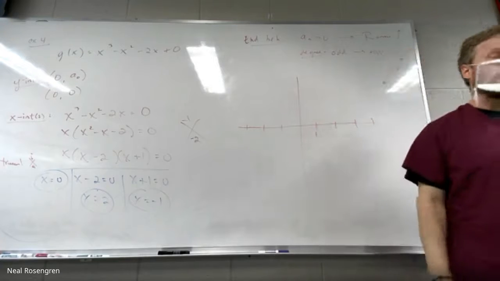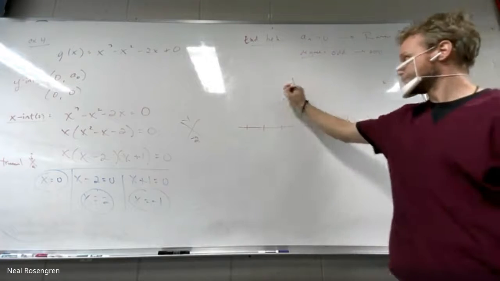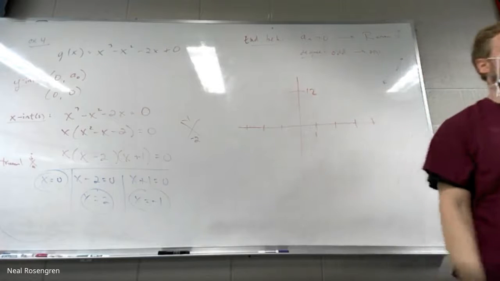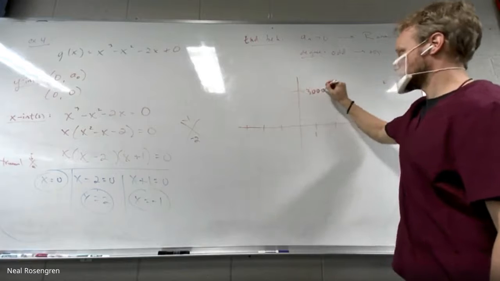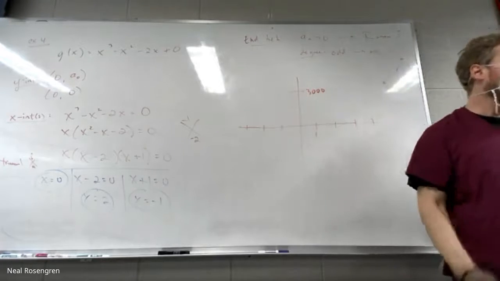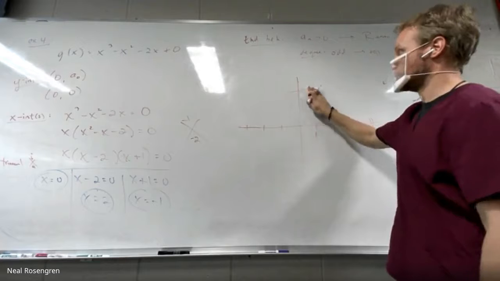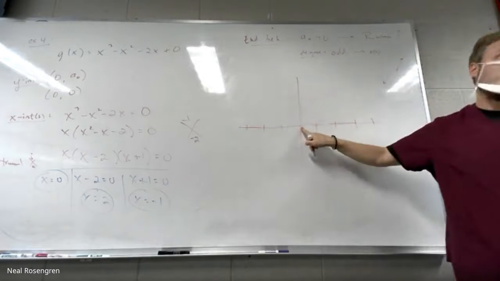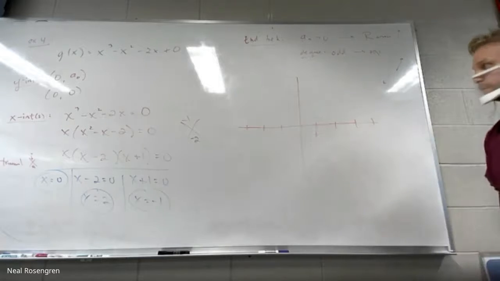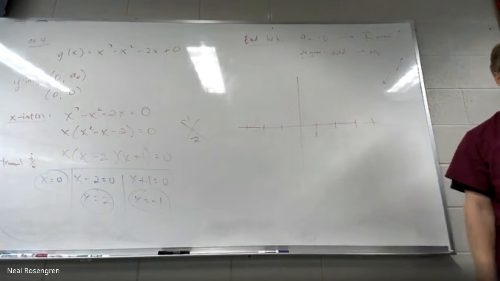If your y-intercept was 12, just write that. If your y-intercept was 3,000, just write that. I only need one y value point. Our y value point is this one. So right now, we don't need it. Okay? What else does this graph need to get a little bit more filled out?